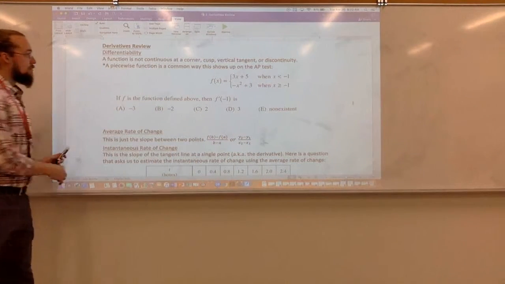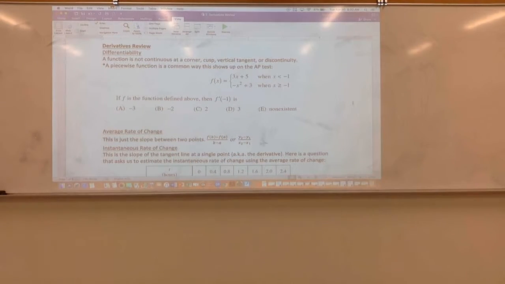Alright. Today is just a review over differentiability, average and instantaneous rate of change, and a whole bunch of derivative rules. First, differentiability.